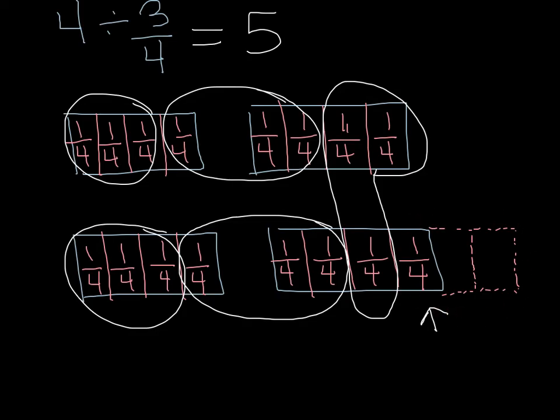So again, we have 1 piece out of 3 to make one whole group. So our remainder we would actually write as 1/3. Again, this 5 represents the total number of groups that we have. This 1/3 represents the fact that we have 1 out of 3 to make a whole group.